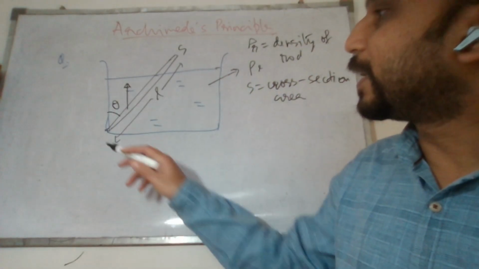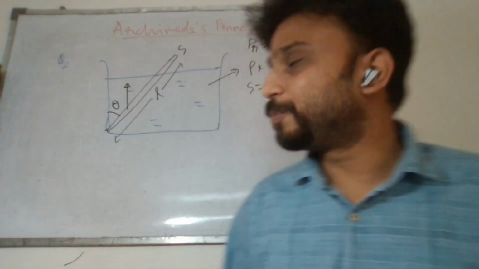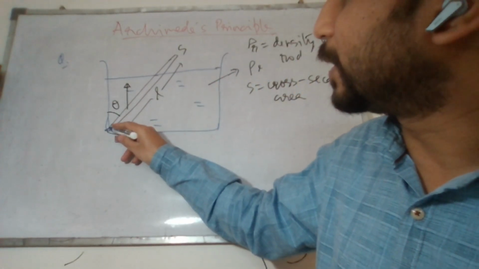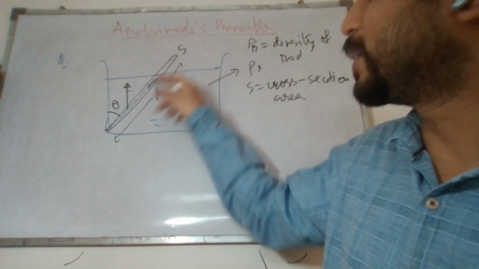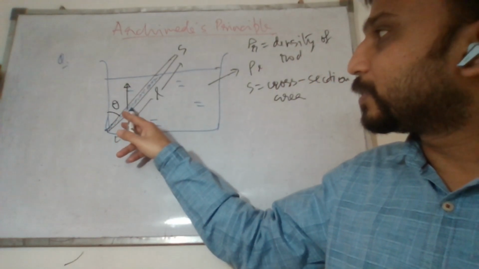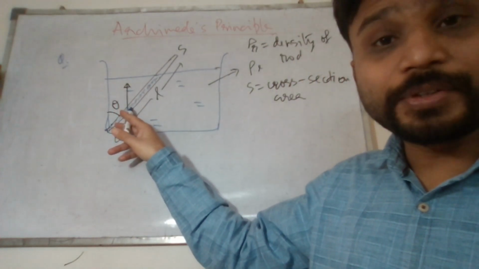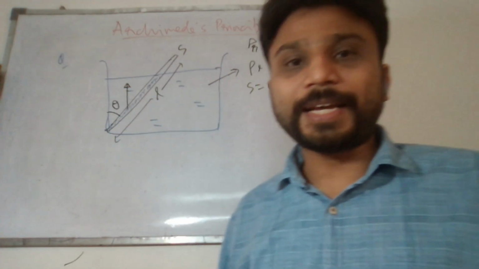We knew that the buoyant force acts where the body was displacing the fluid, where the fluid was present. So the fluid had to be present here, where the rod is now. So if we consider the center of the fluid which we displace, it is at that point the buoyant force acts.